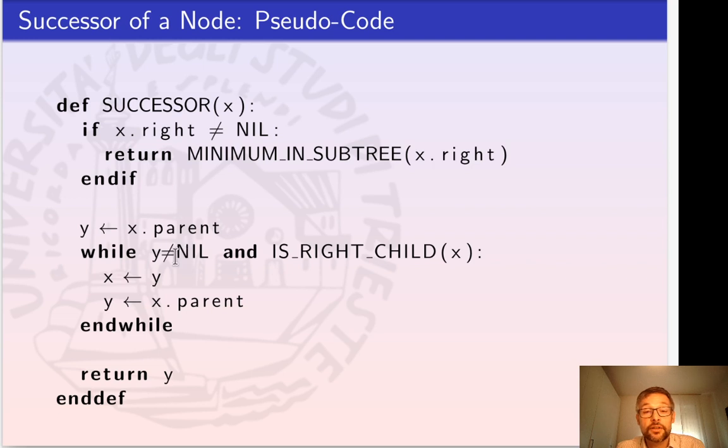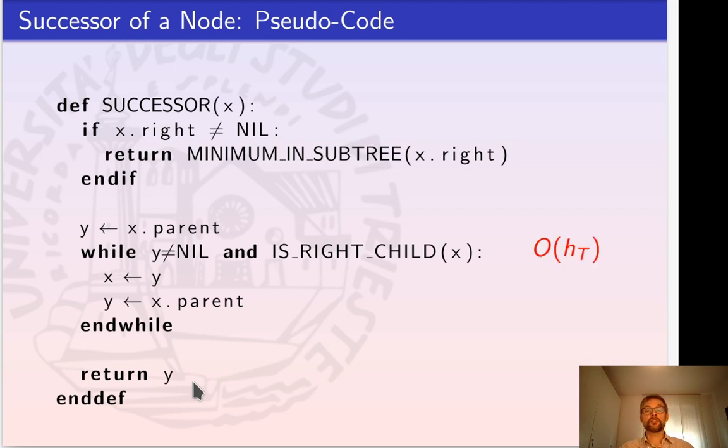Otherwise, we end up dealing with the root, meaning that there is no successor for the original node, and so we need to return nil. Okay, and that's it.